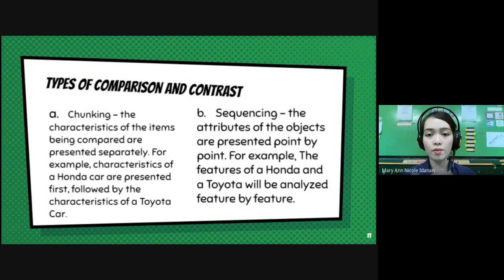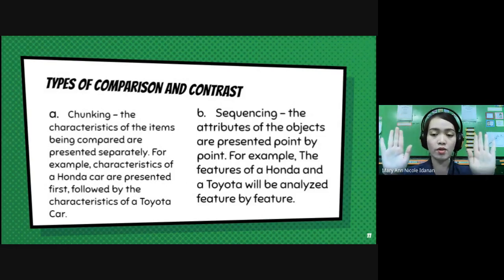But when you are sequencing, the attributes of the objects are presented point by point. For example, the features of a Honda and a Toyota will be analyzed feature by feature. So maybe this is the Honda and this is the Toyota, and you're going to compare them point by point.